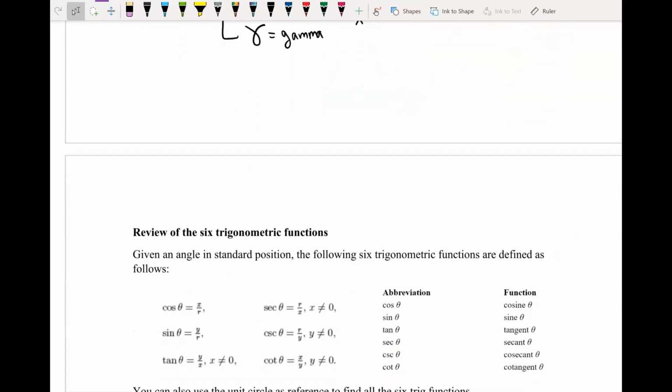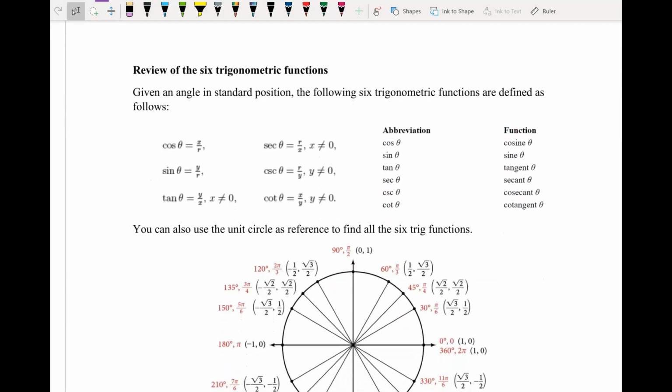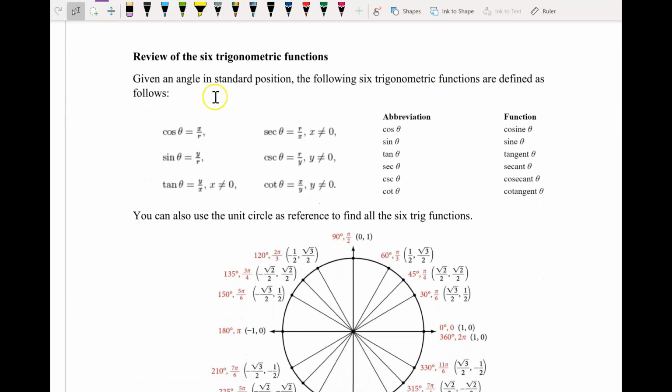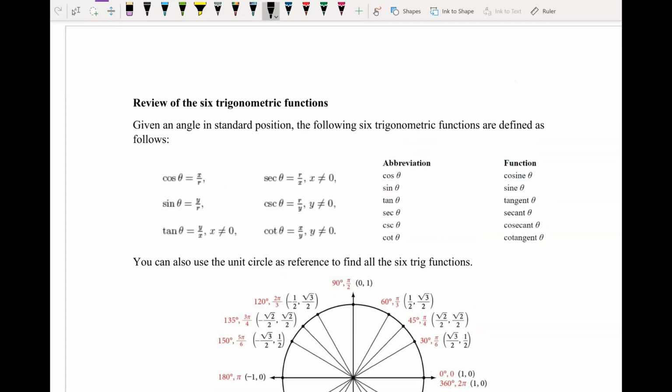So now let's go ahead and remember our 6 trigonometric functions. Given an angle in standard position. So again, when I think of standard position, I always think of the positive x-axis. Starting from here is where 0 starts, so it's either 0 degrees or 0 radians.